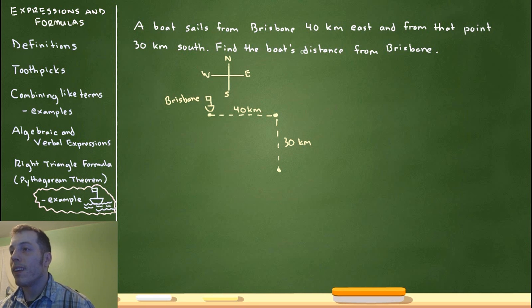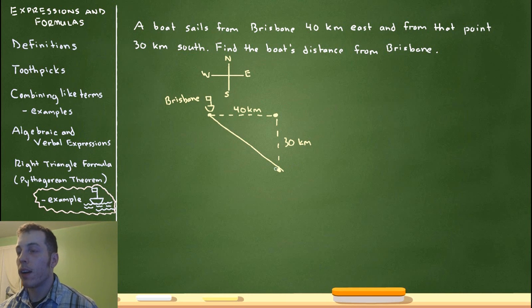And then we want to find the boat's distance from Brisbane. Okay, so here's Brisbane. Now the distance from here to here, whoops, no, there we go, okay, is the line from here to here. Now, of course, on the surface of the Earth, you're dealing with spherical geometry.